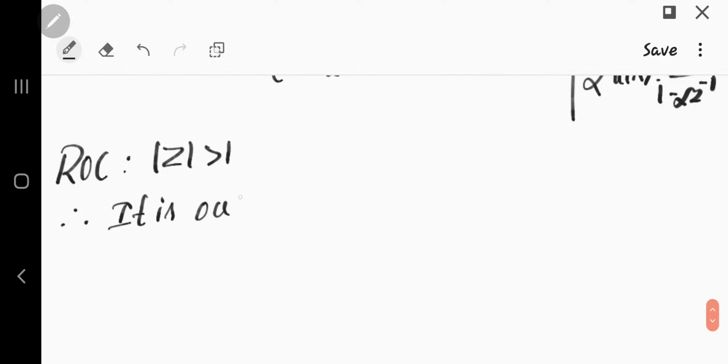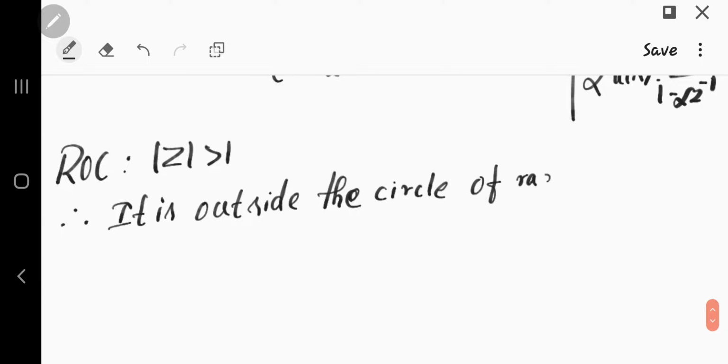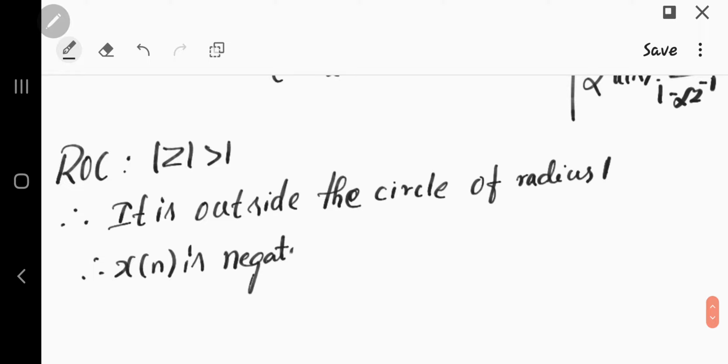it is outside the circle of radius 1. So that means x of n is positive time sequence, or right-sided sequence.